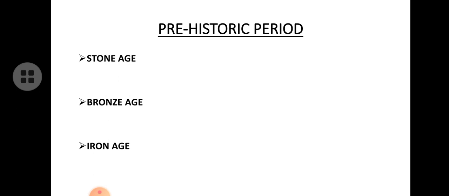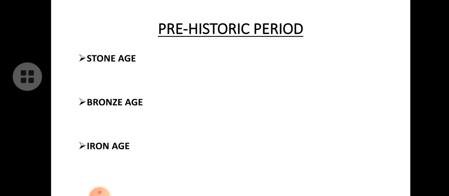The period of time when man started using stone as weapons and tools. So man started to use stones as weapons. He made tools using stones and he hunted animals.